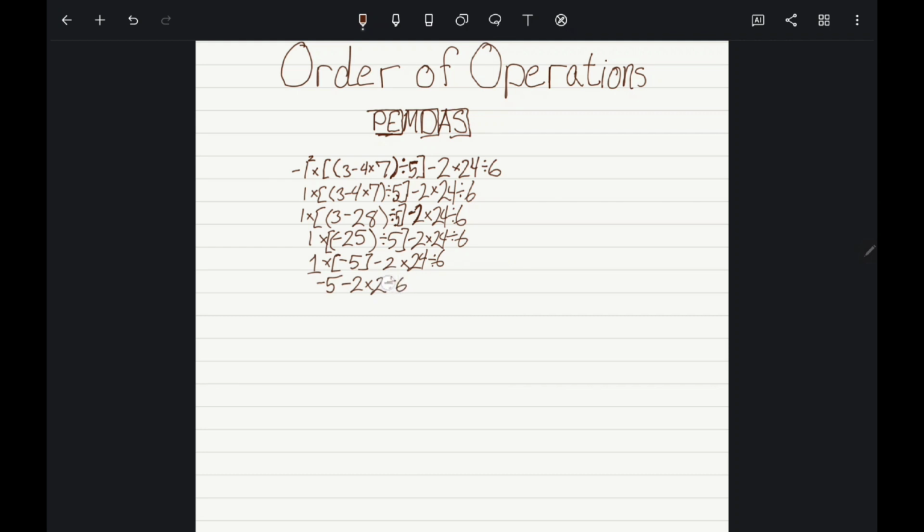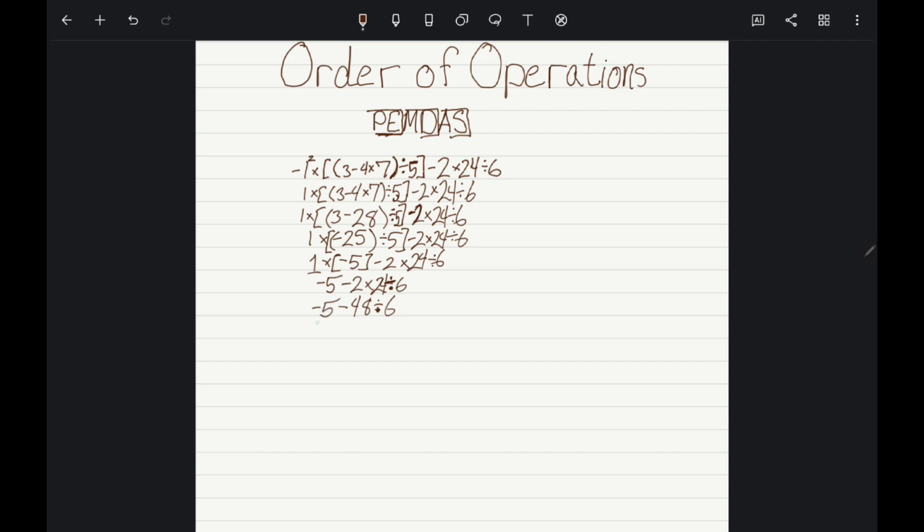Again, we're using order of operations here. So a lot of people would want to take -5 and take 2 from that and give us -7 and go from there. But that is the incorrect answer. All right, so we're actually going to take 2 times 24, which is 48. I'll divide that by 6.